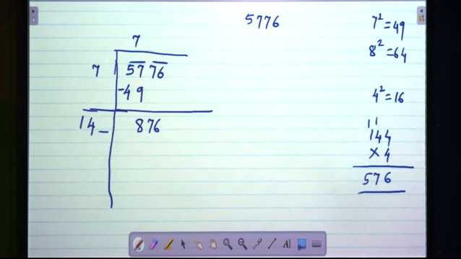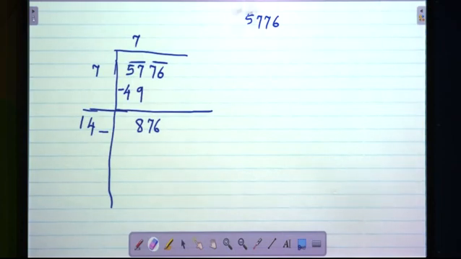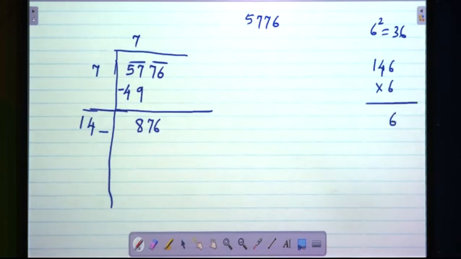No, it is not. So, I have to guess the next value. What is the next thing by which I can get 6 in my ones place? It is 6 square is 36. 146 multiplied by 6. 6 6s are 36, carry 3. 6 4s are 24, 24 and 3, 27, carry 2. 6 1s are 6 plus 2, 8.